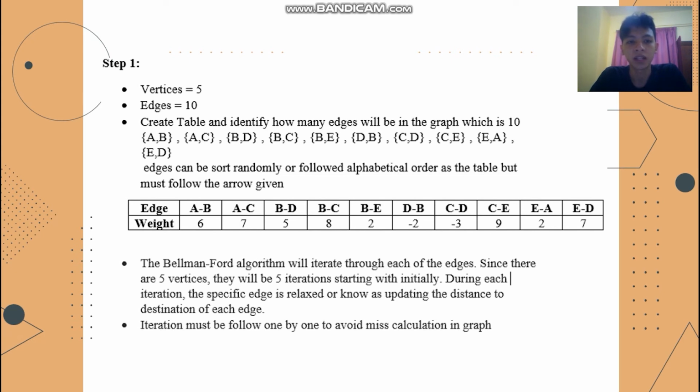These edges can be sorted randomly, and we need to know the weight of each edge. Since the graph has 5 vertices, there will be 5 iterations. During the iteration, the specific edge will be relaxed, also known as updating the distance to the destination of each edge.